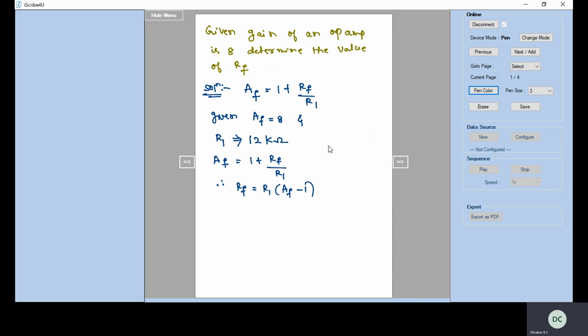You can assume the value of R1 as 1 to 10K or 10 to 20K based on the given value. Now we calculate RF = 12 × 10^3 × (8 - 1). So you get RF = 84 kilo ohms.